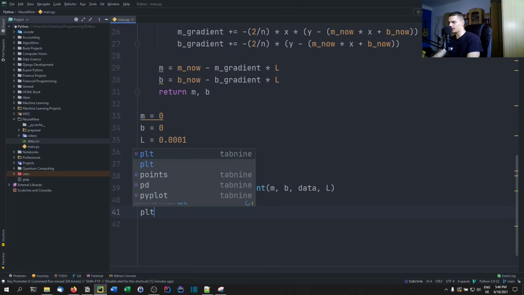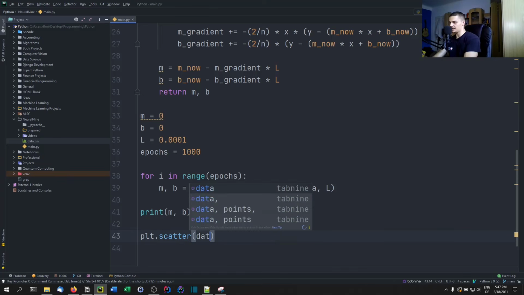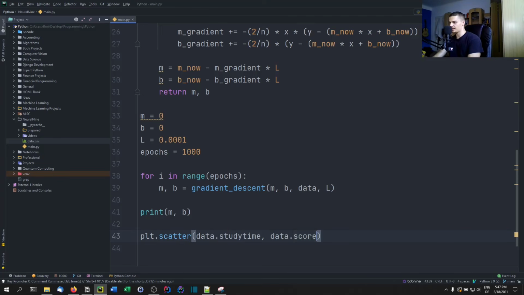And in the end, we can print, not plt, we can print m and b, and we can plot the results. So we can say plt.scatter data.studytime, data.score, color is going to be black, and then plt.plot, and we can plot the trend line here, which is basically just a list, and we can look at the CSV file.